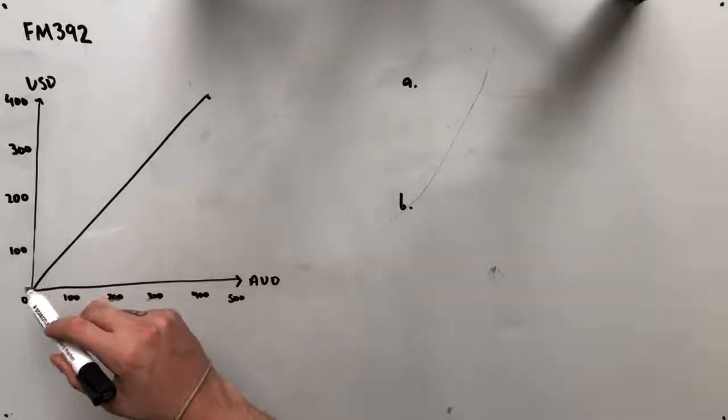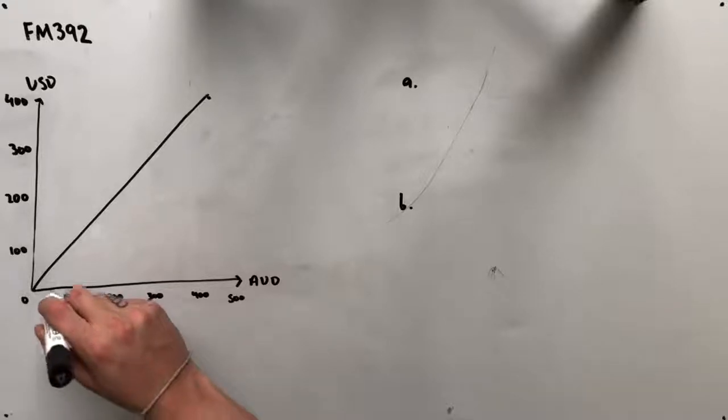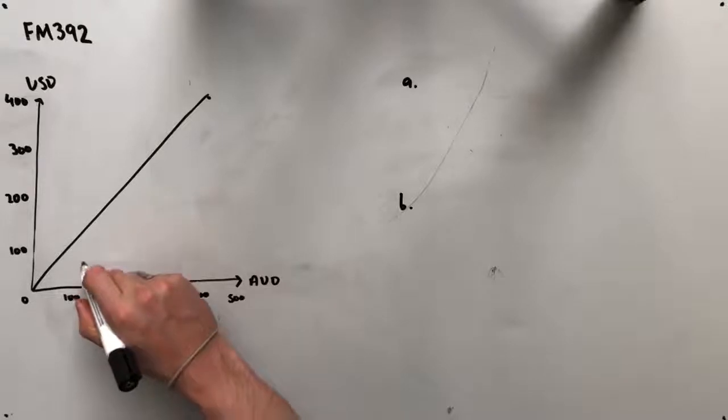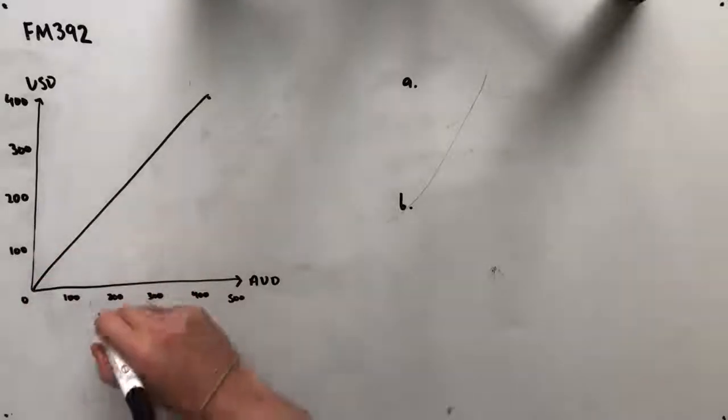So the idea here would be to use the graph that you have available to you. You would track your way over to the 150 mark, work your way up, and then work your way across to find the conversion.